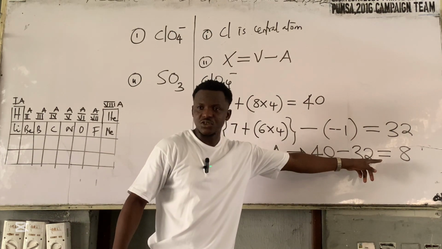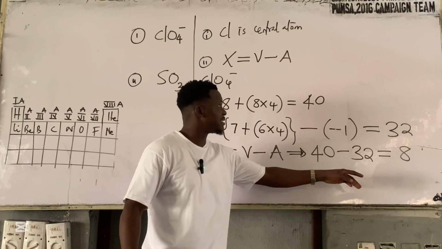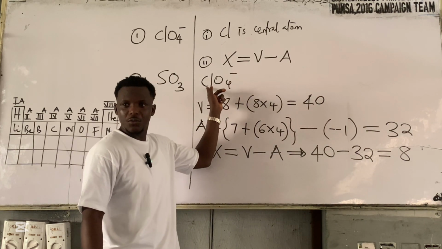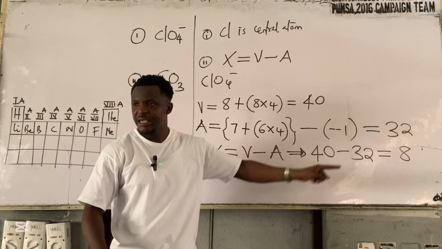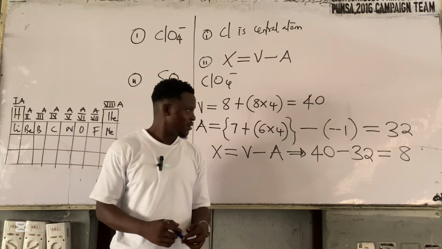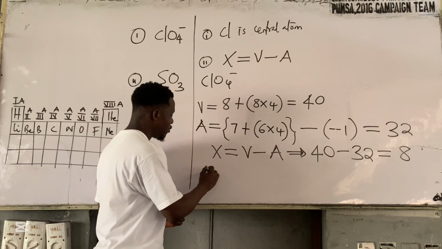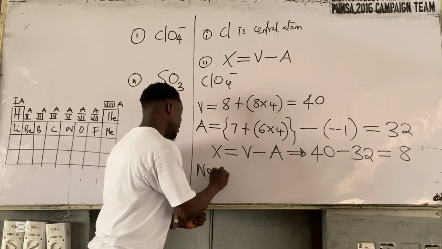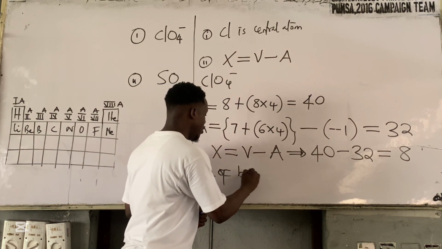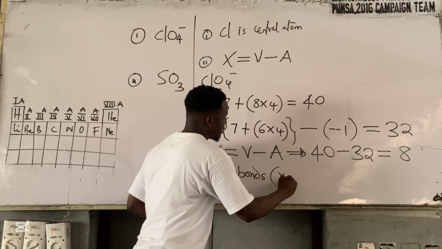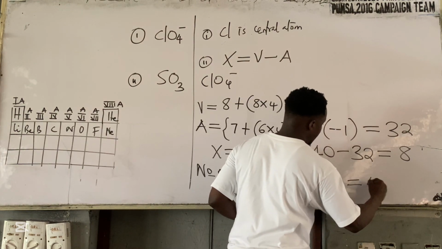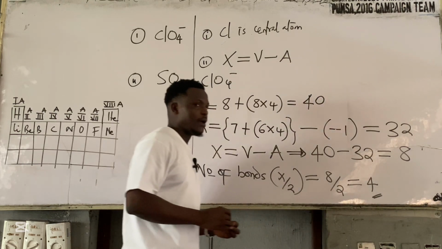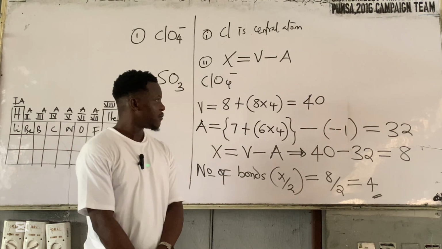Class, what this simply means is that this compound, chlorine and oxygen, the total number of electrons they are sharing with themselves is 8. That's what it means. Now, the number of bonds is always x over 2. Is it not so? This is 8 over 2. That is equal to how many? 4.